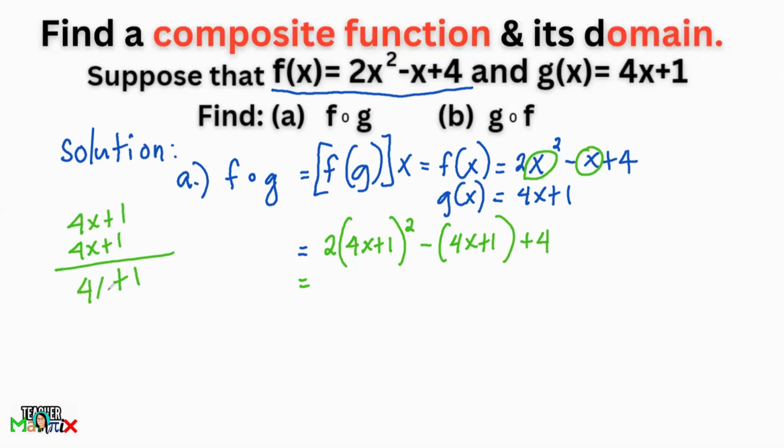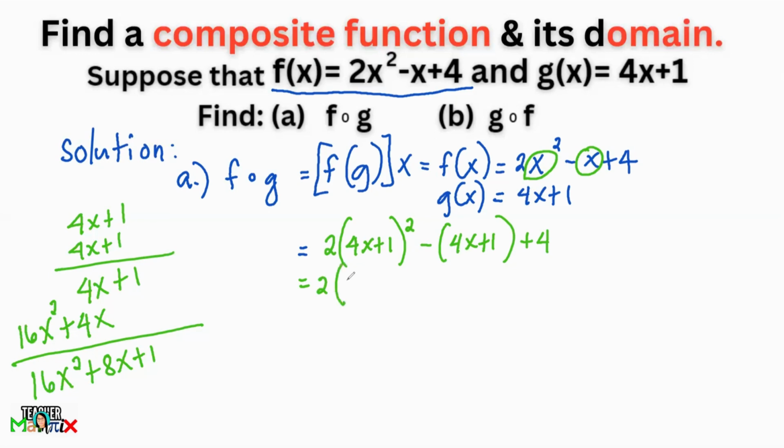Then 4x, then 4x. 16x squared. 16x squared plus 8x plus 1. So, copy the 2, then put in parentheses the expanded form of 4x plus 1, which is this.